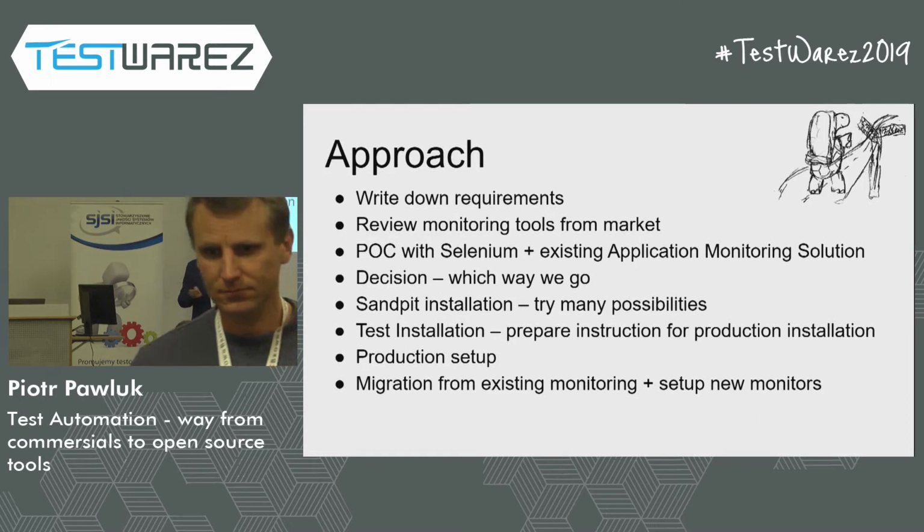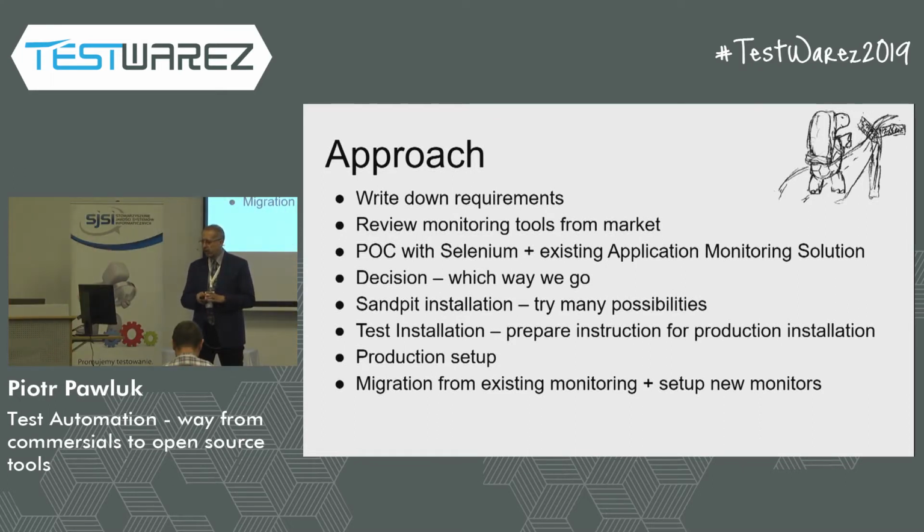In the meantime, we did some POC with Selenium, to see if we can use just Selenium as is, because Selenium is one of the most popular open source or freeware tools for test automation. And we thought, okay, part of this is to automate the script and then run it. And finally, we came to a decision on how we should go: whether we should go with one of these tools, or maybe compose something by ourselves.